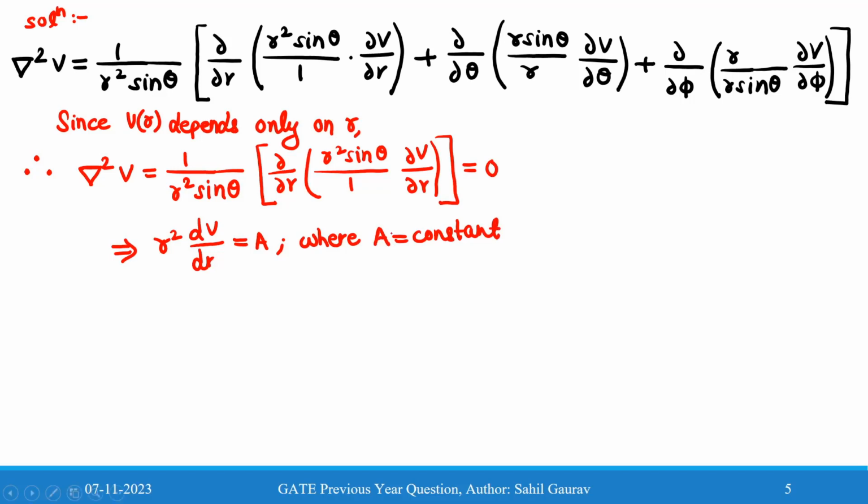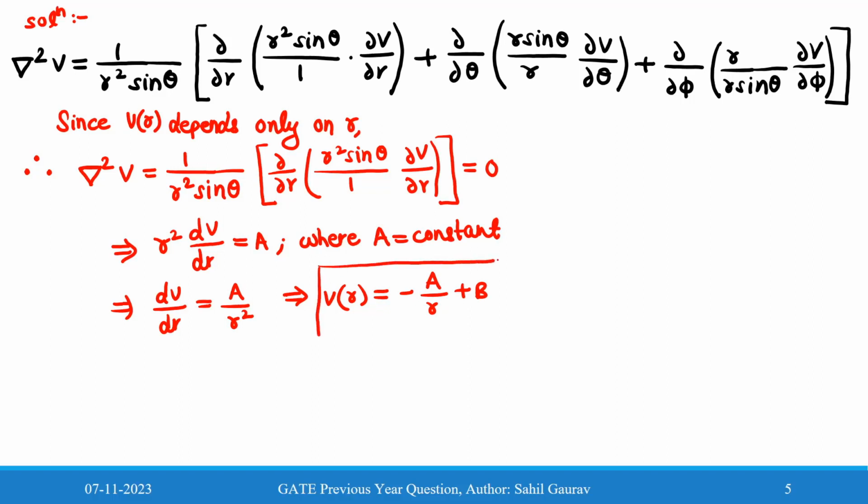Now we have to find the generalized expression for V(r). So we can write dV divided by dr is equal to A divided by r square. Therefore, on integrating both sides, you will get V(r) is equal to minus A by r plus B.